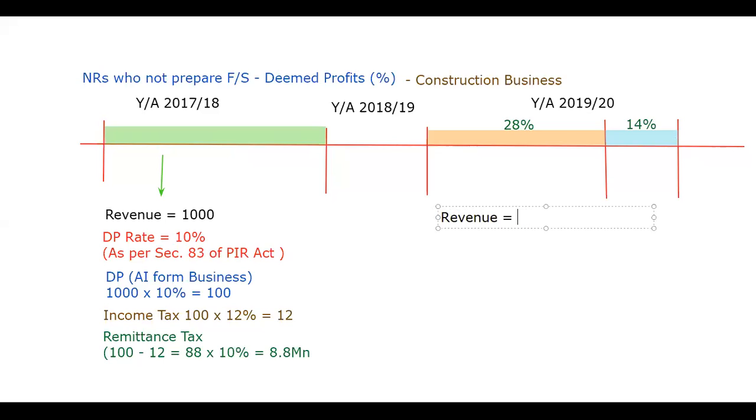Then the apportioned revenue for this year: for the 9-month period I'm taking 900, and here for the 3-month period I am taking 300, right?